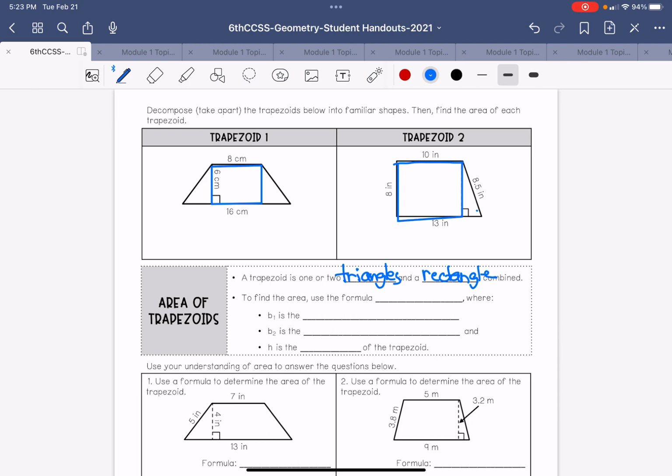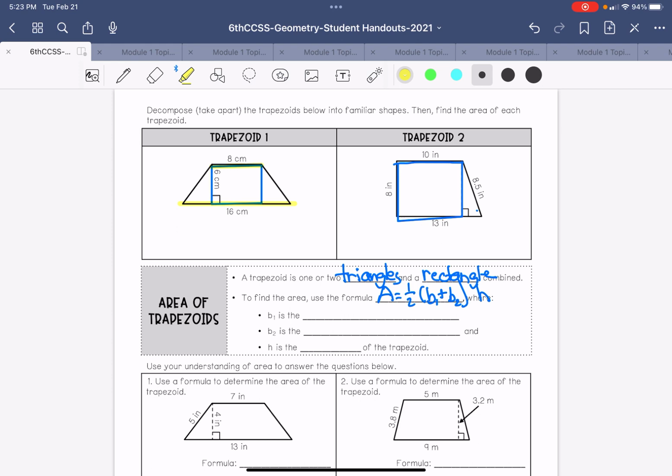The formula looks a little daunting, a little tough. Area equals 1/2 of the base 1 plus base 2 times the height. So if you notice, there are two bases. Here is a base and here is a base.